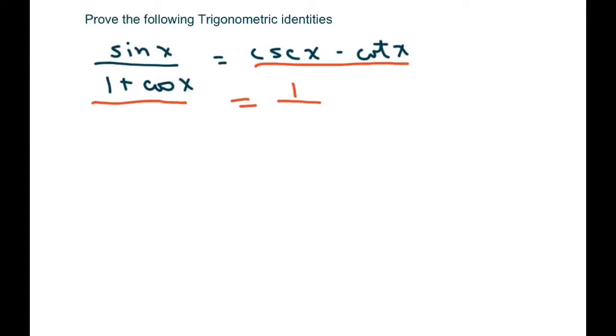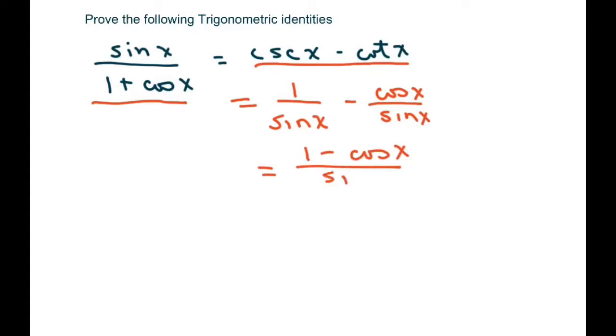This is 1 over sine of x minus cosine over sine. Now, I can rewrite this as 1 minus cosine of x over sine.